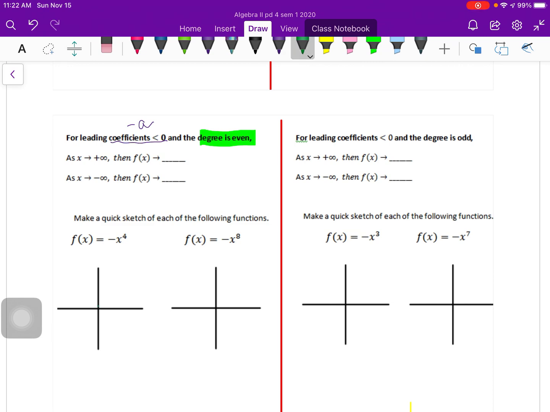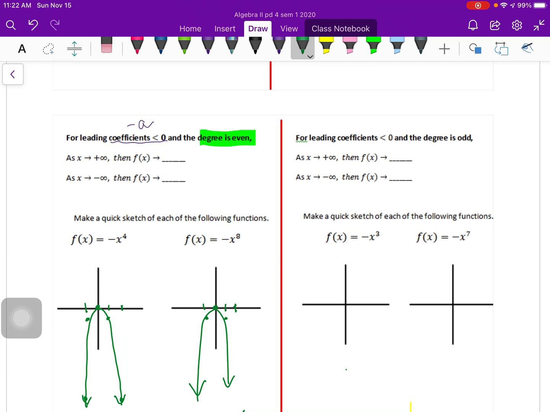So 0, 0, 1, negative 1, and symmetrically 2, negative 16, and negative 2, negative 16. We could go like this. 0, 0, 1, negative 1, symmetrically, and then 2 to the eighth is way off the graph, so it's going to go even faster this way.